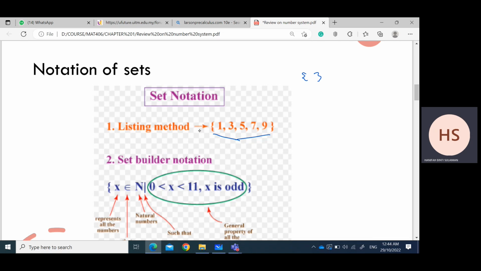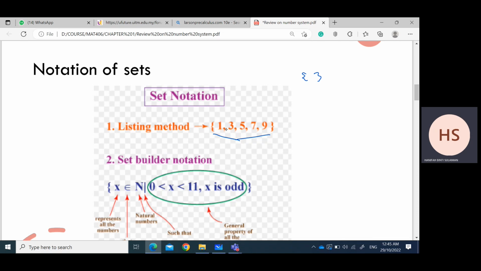Alright, so the collection of numbers here is 1, 3, 5, 7, 9. Here we can say that in this set, we have 5 numbers, and the characteristic of the numbers is that they are odd numbers.